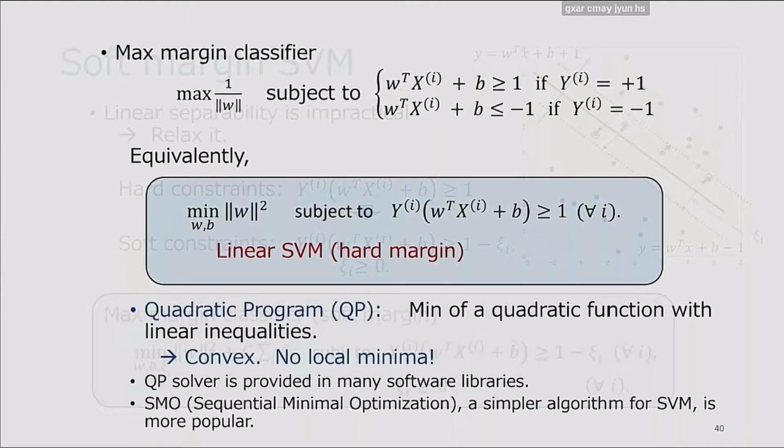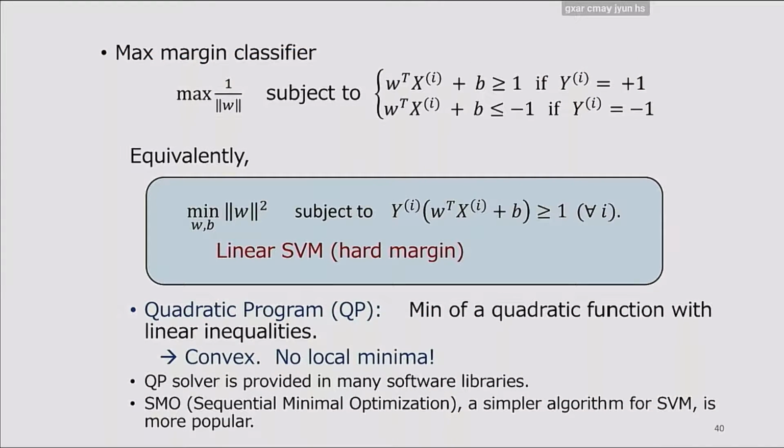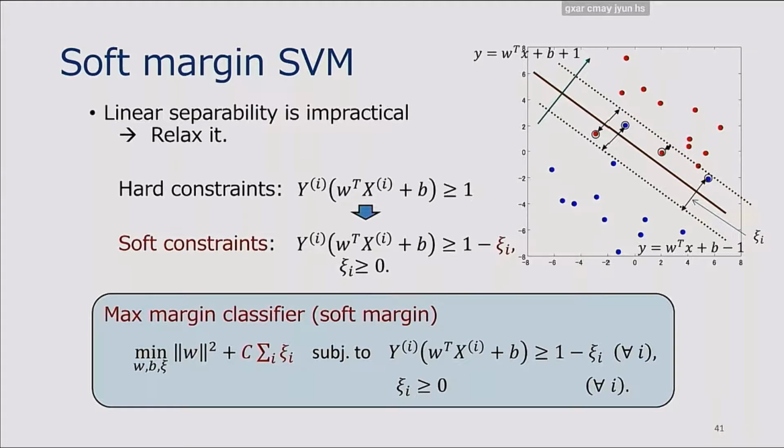Okay, so far I assumed that the two classes are linearly separable. But that's a very strong assumption. In most data, probably there is no such hyperplane to separate the two classes. So that's too strong in practice.